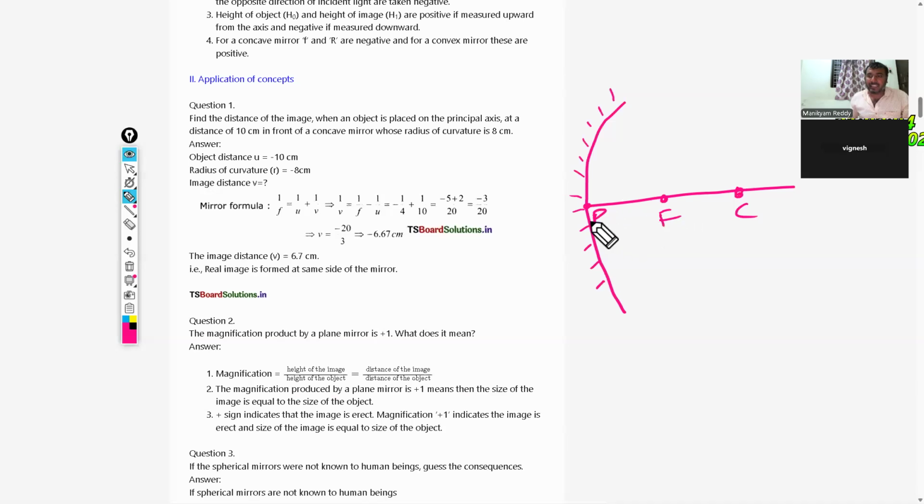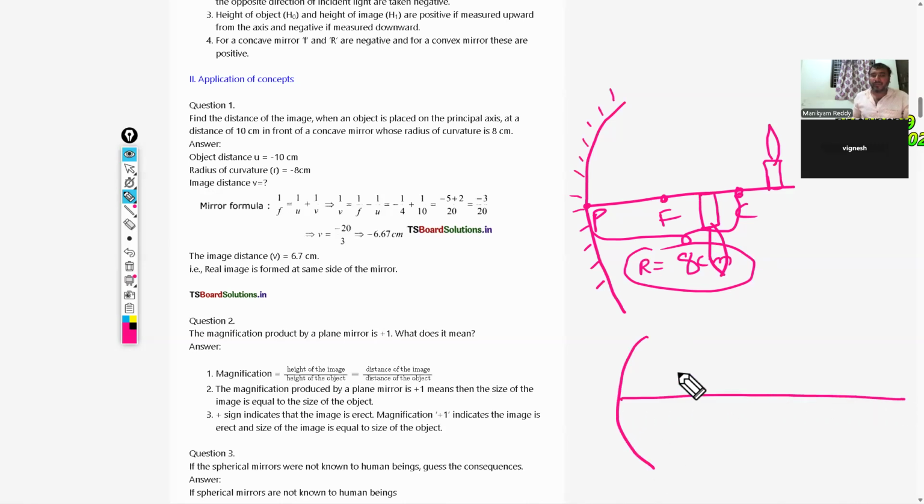Radius of curvature is 8 centimeter, the distance between pole and center of curvature. Object is kept beyond C. Image is formed between F and C.